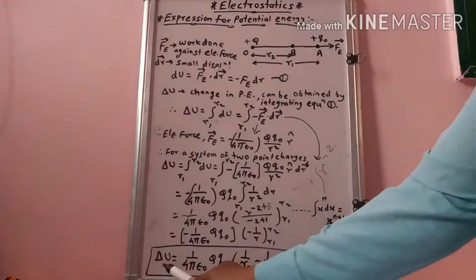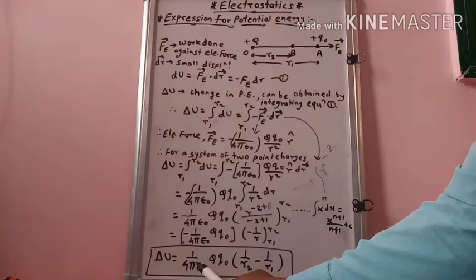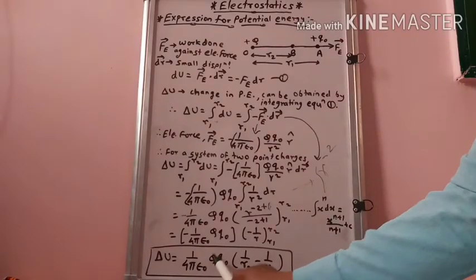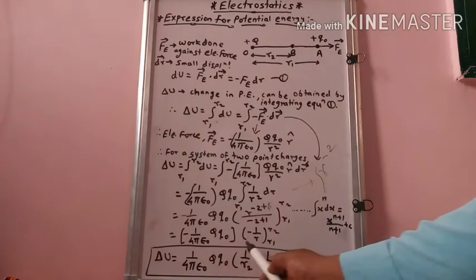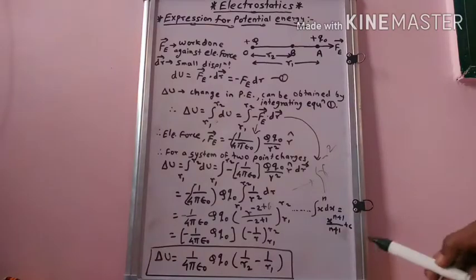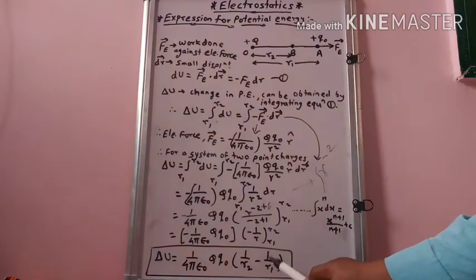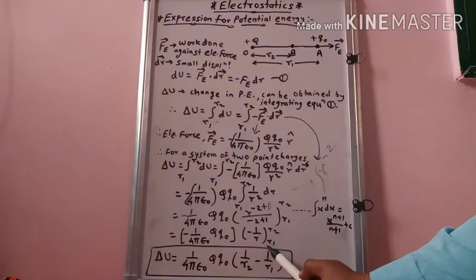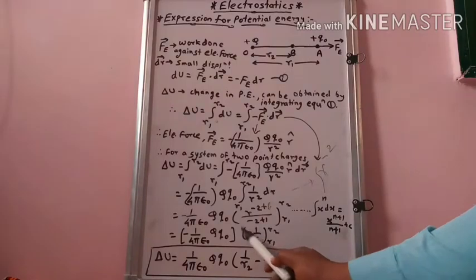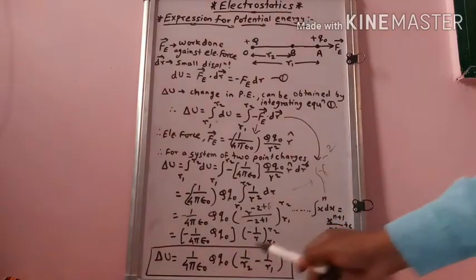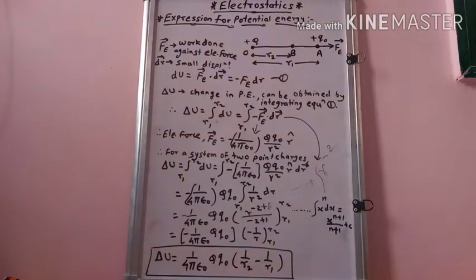Therefore delta U is equal to 1 upon 4 pi epsilon naught Q Q0 into the bracket 1 upon r1 minus 1 upon r2. Firstly put the upper limit, r equal to r2, minus the lower limit r1. Minus minus becomes plus, therefore this quantity is also positive.